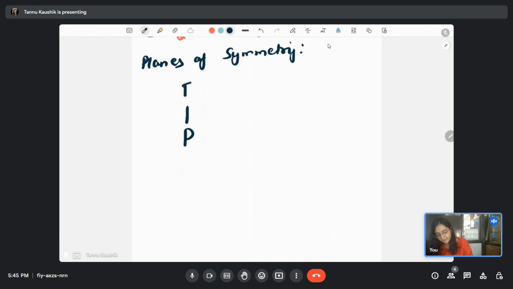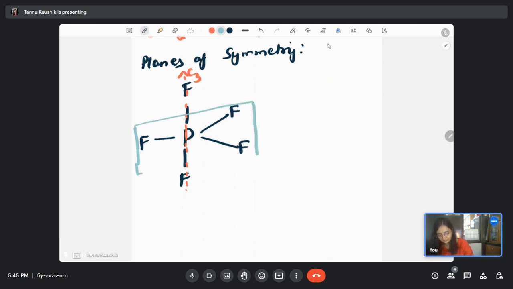So we have a horizontal plane of symmetry also present in this molecule, which contains these three fluorine atoms on it.